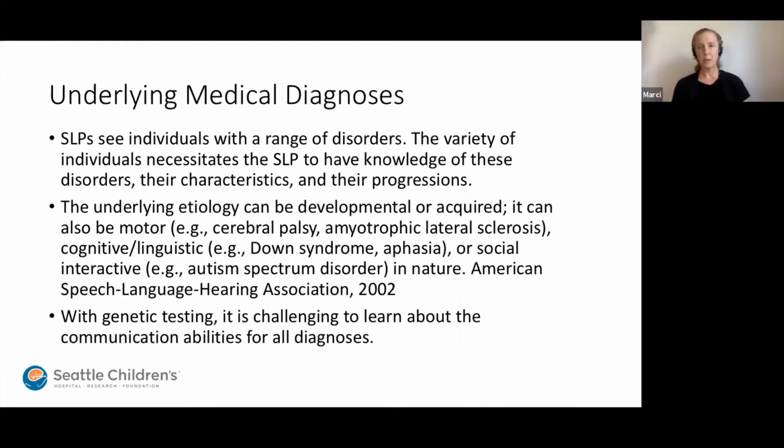The first thing I always go to is the underlying medical diagnoses. We all see a range of disorders, and the variety of disorders necessitates that we have knowledge of their characteristics and their progressions. We know that underlying etiologies can be developmental or acquired. They can be motor, cognitive-linguistic, or social-interactive. And now with genetic testing, it feels almost like a challenge to keep up with all the different diagnoses and what happens with communication.